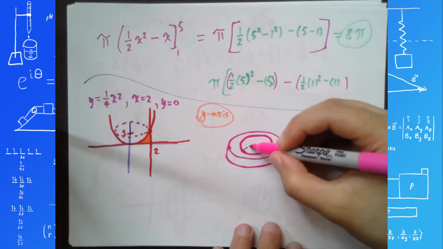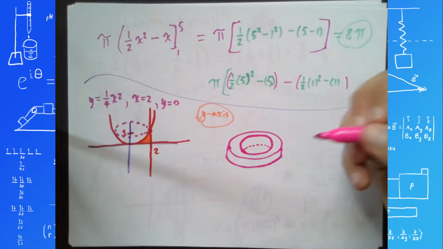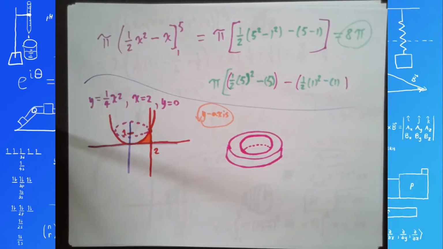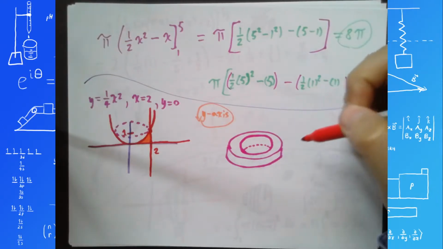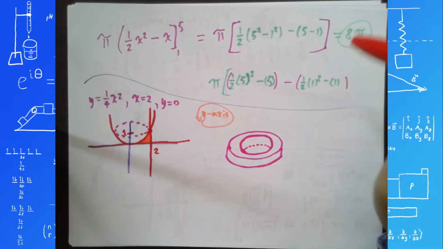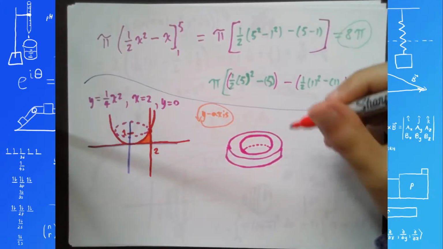And I guess I'll draw a dotted line representing the bottom of the hole. So yeah, that's all there is to it. So our volume pieces are just going to be the volume of the outer disc minus the volume of the disc-shaped hole.